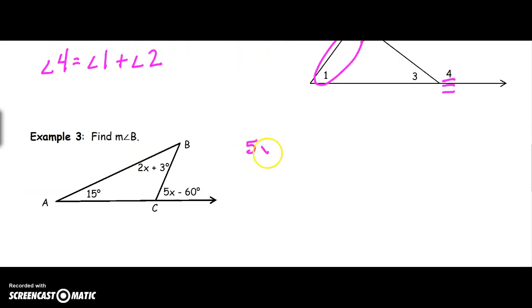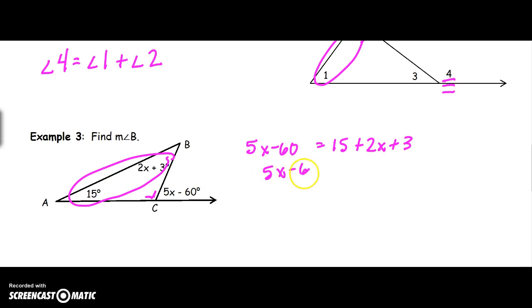Here we would say 5x minus 60 is equal to the sum of the two interior angles. Note it's not the one that is right next to it. It's the two across. So it would be 15 plus 2x plus 3. So here we have 5x minus 60 is equal to 18 plus 2x.